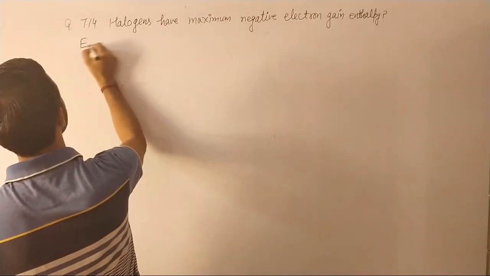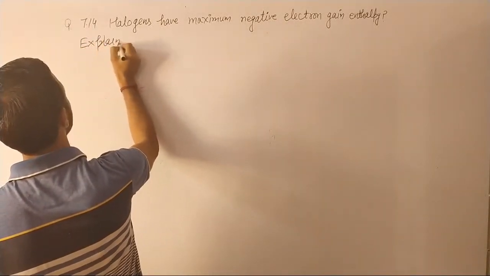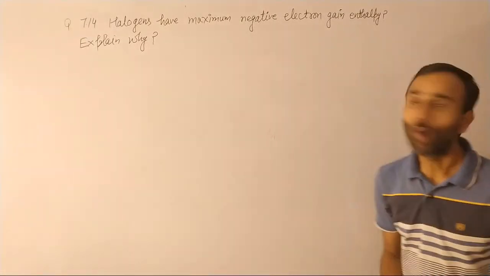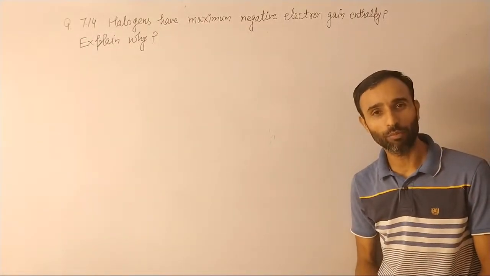Explain why. Okay, so why do halogens have maximum electron gain enthalpy?